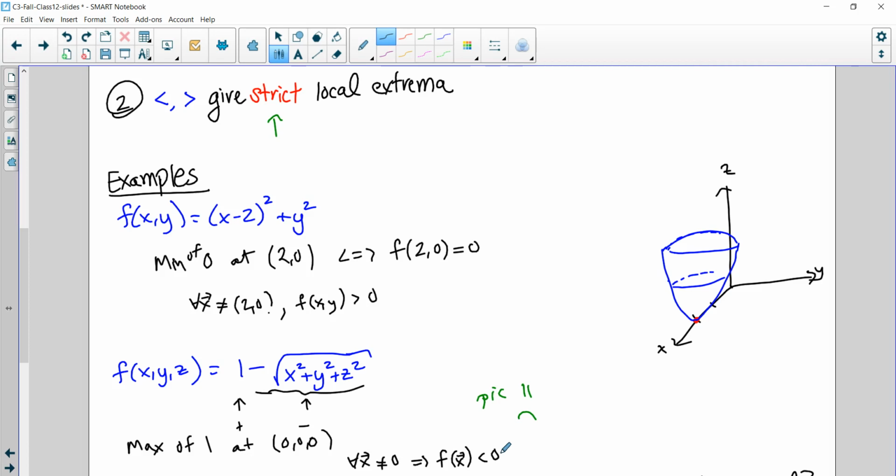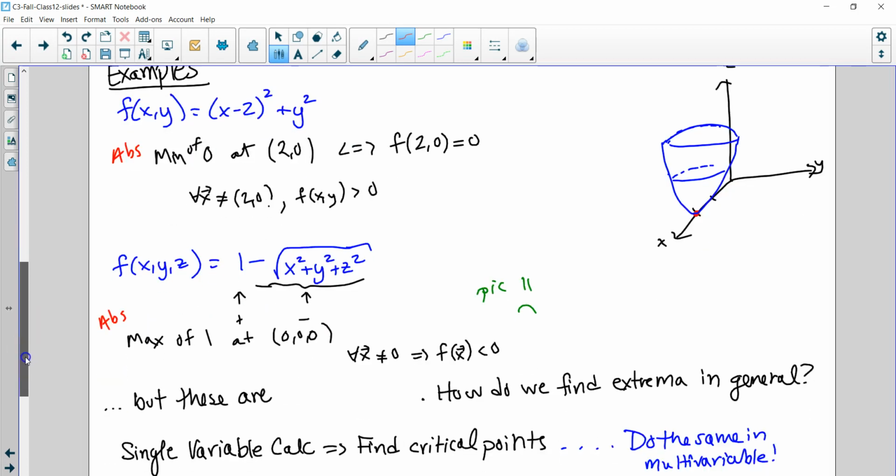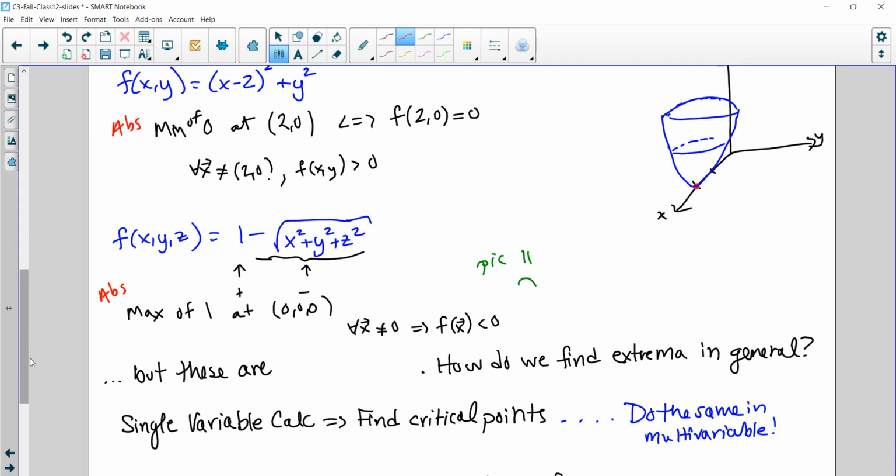Okay, and I can actually go back and I could include the language of absolute. If you're unfamiliar or that language doesn't ring a bell right now, you might want to go back to Calc 1 and check in Chapter 4 or so, maybe Chapter 5. Okay, and then just some final remarks here.